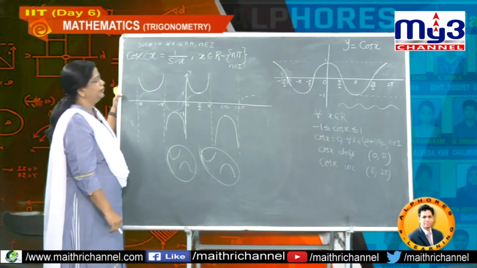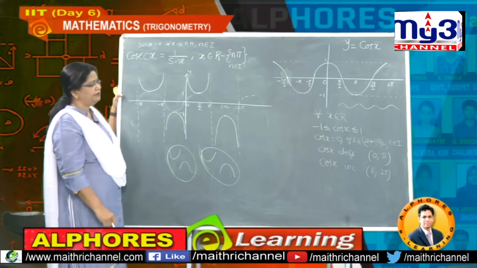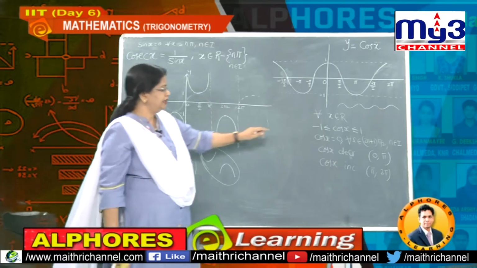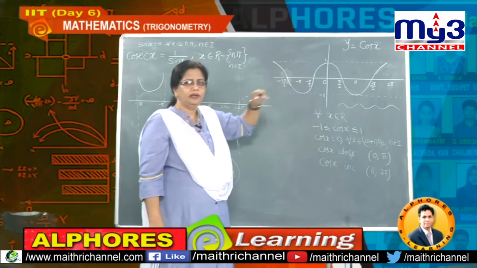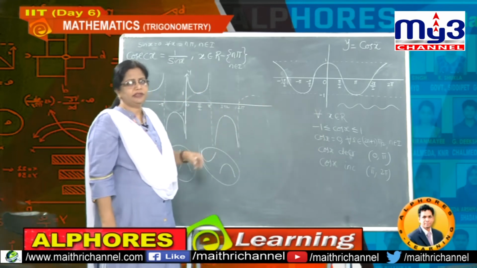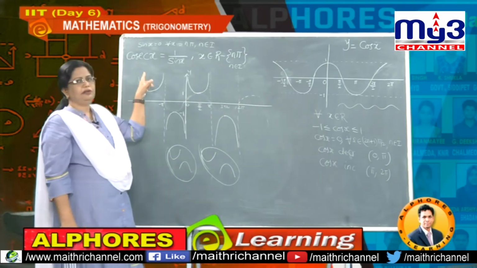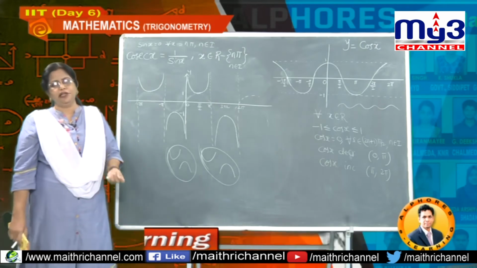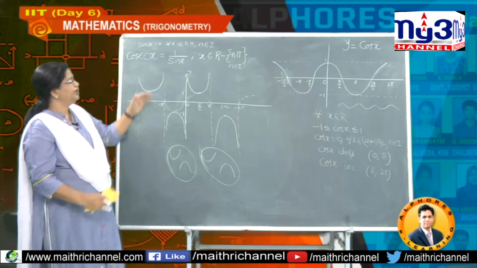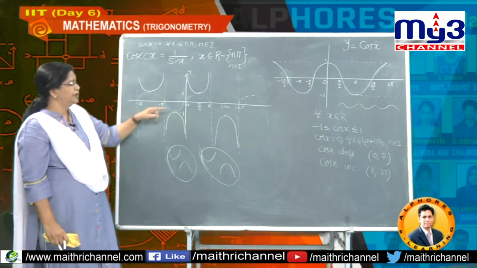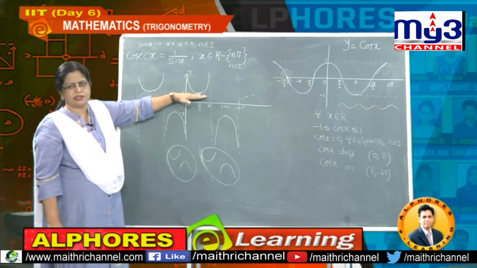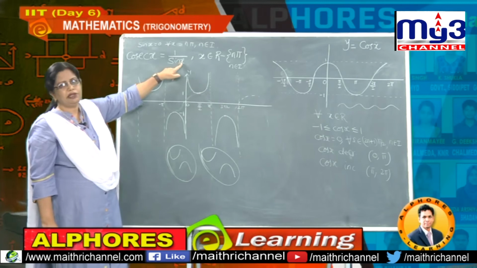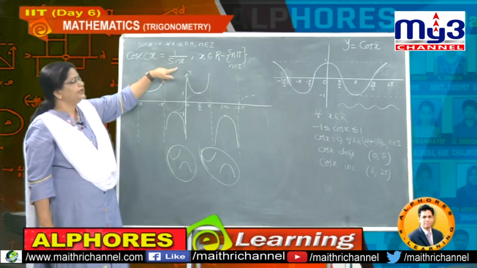And next one here, how cosecant is taking values. Here cos is taking values between minus 1 and plus 1, sine also taking between minus 1 and plus 1. Then what type of values is cosecant taking? Observe here, 1 it takes, because if you put x equal to 90 degrees, 1 by sine 90.